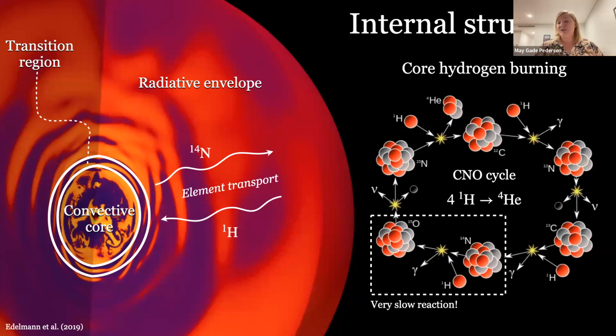And if we then have mixing happening in the envelopes of the stars, that means we can bring excess nitrogen from the core to the surface and have the surface abundances modified in that way. Additionally, we can also bring new hydrogen fuel from the envelope into the convective core. What's important here is that the convection itself happens on such a short time scale and is very dynamic, which means the mixing taking place inside the cores of these stars is very efficient. So any hydrogen we have inside the convective core, we can use as fuel during the nuclear burning.